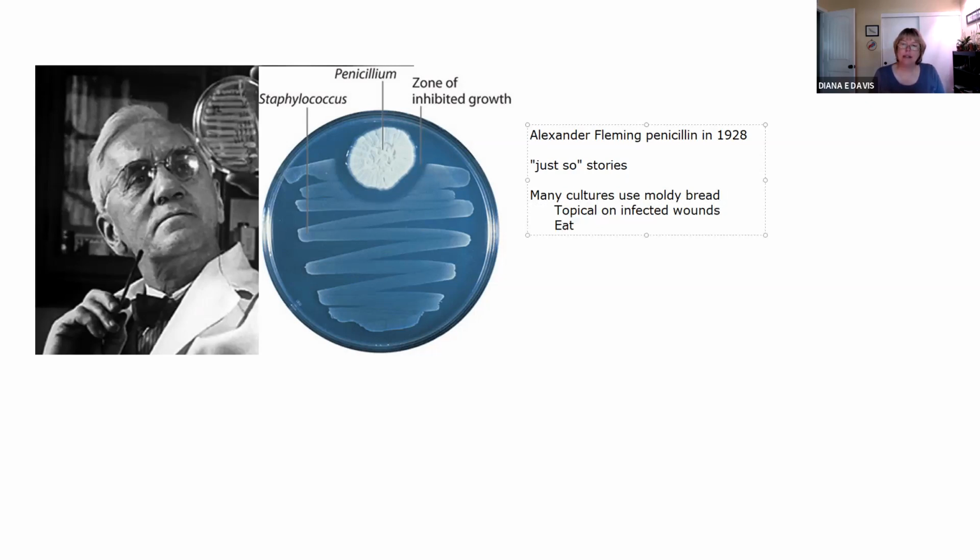Sometimes they would eat the moldy bread, especially if they had urinary tract problems or digestive problems. We know this happened in Egypt, China, Serbia, Greece, Rome, and pre-Columbian Central America. So it's not just a couple of places. It was a widespread tactic.